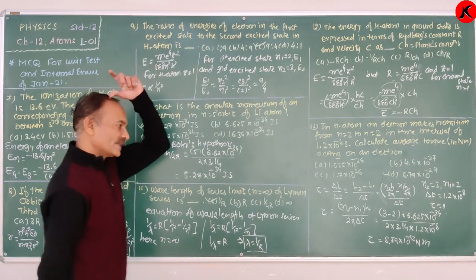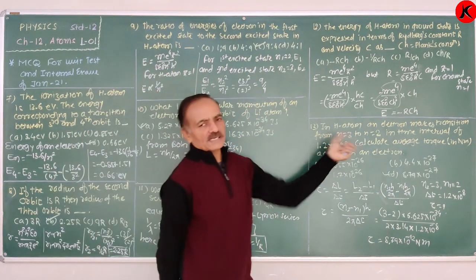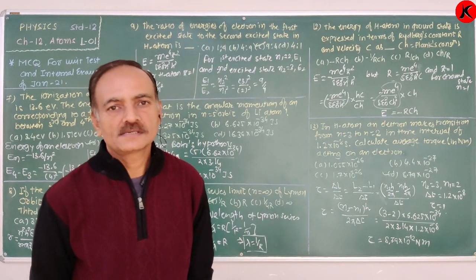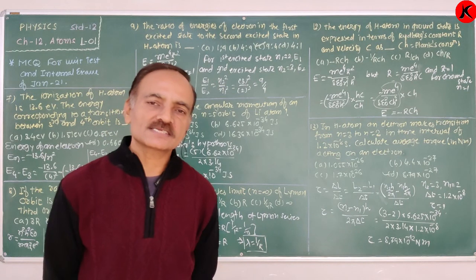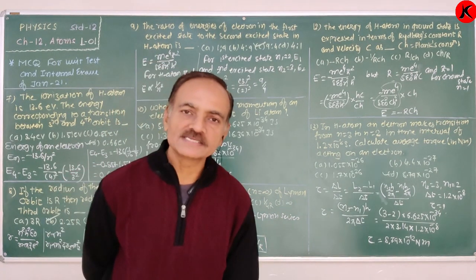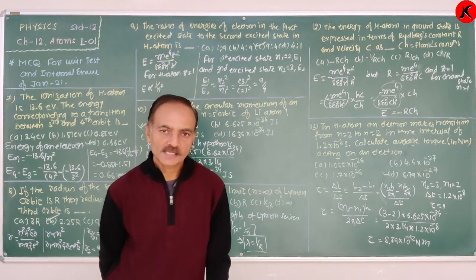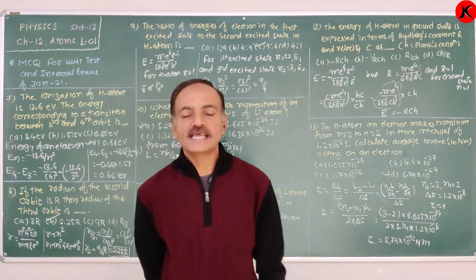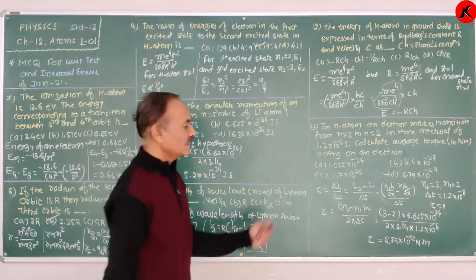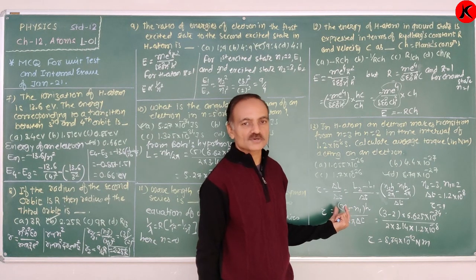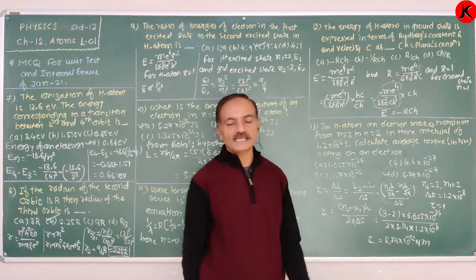So it is a very easy numerical, but once we read the question, at that time we get confused about how to find out the average torque. But we already know the equation of angular momentum from Bohr's hypothesis. Angular momentum is equal to nh upon 2 pi. And we know the equation of the torque. Torque is equal to the change in angular momentum with respect to time. This is Newton's second law for rotational motion, similar to F is equal to delta p by delta t.